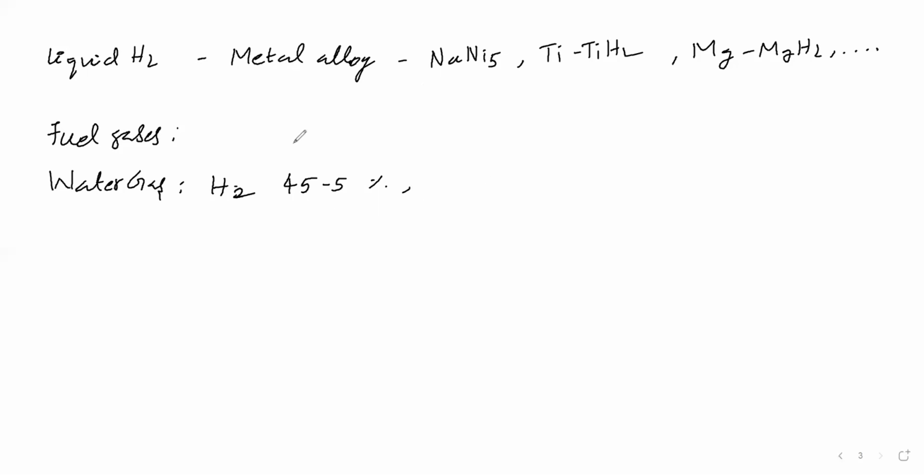Here in this water gas, hydrogen is 45 to 50%. Then carbon monoxide is 40 to 50%. A small amount of carbon dioxide and a small amount of nitrogen are present in the water gas.